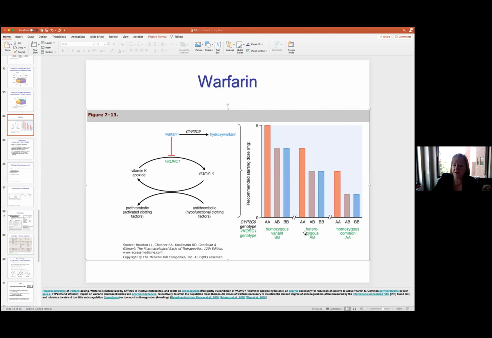But having a heterozygous variant here with B brings them up and increases the dose that is needed. So you can see that there's overlap depending upon which allele is more active in the process.